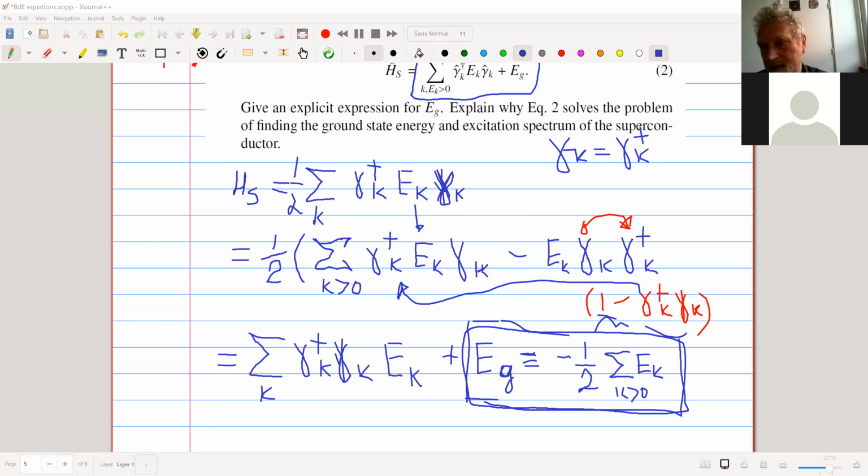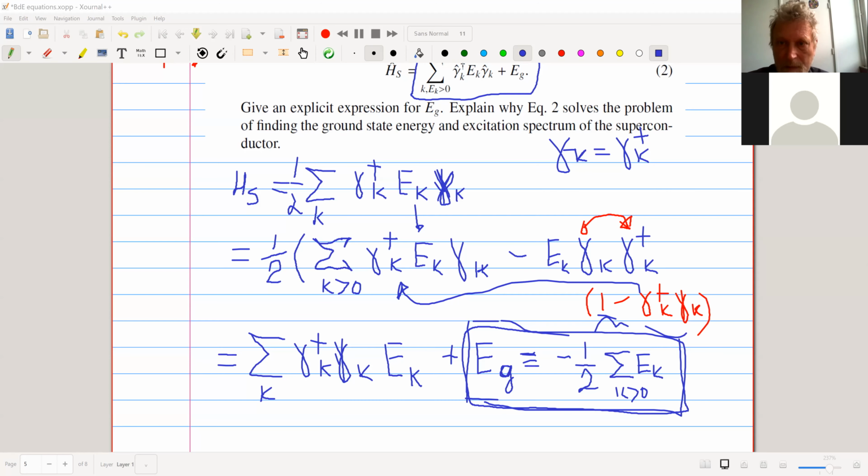Both ground state energy and excitation energy are defined up to this E naught. All right, good. So we have accomplished this program.